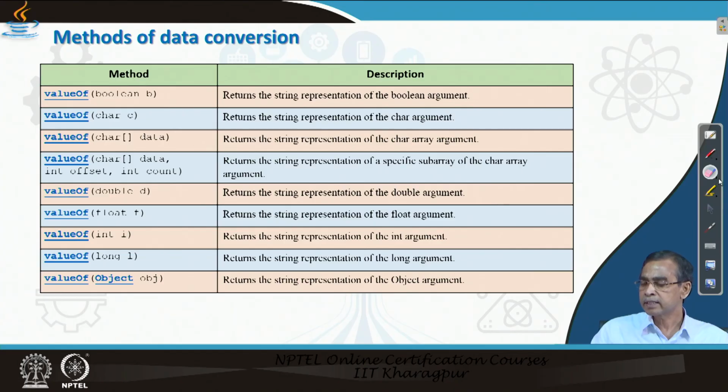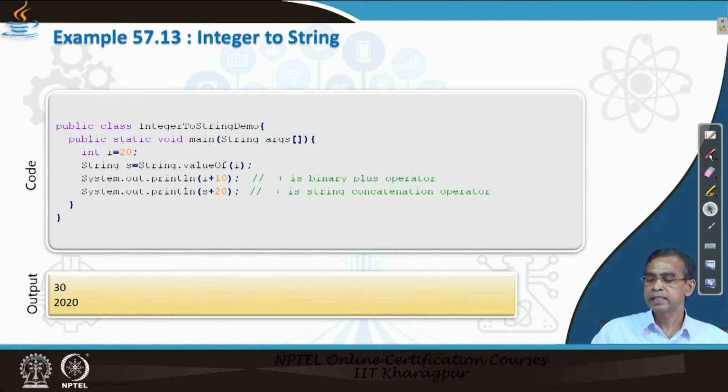Now let us see some illustrations so that we can understand this concept better. Here is one example. Here, string valueOf(i), if i is the integer 20, represents 20 in the form of a string.